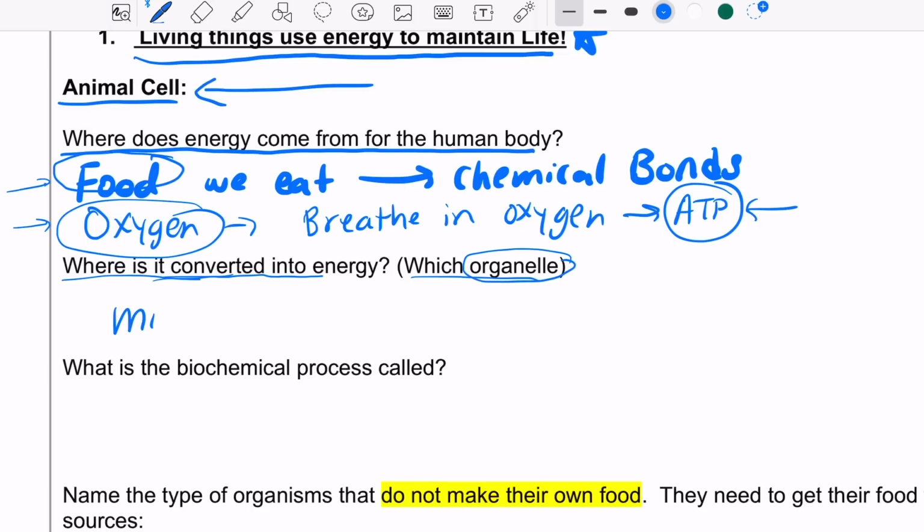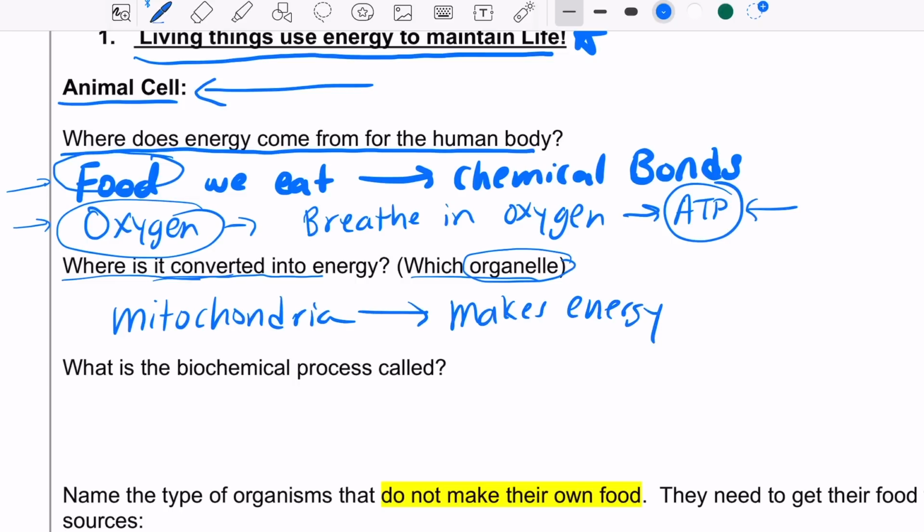In the mitochondria. The mitochondria makes energy. That energy is called ATP. Once again, ATP stands for adenosine triphosphate.